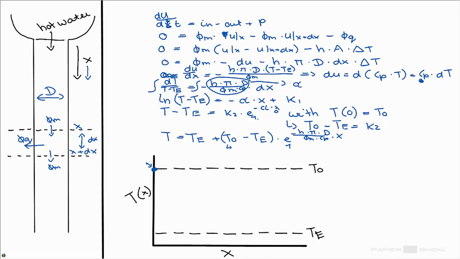And at x very large, the whole part of e will become 0, and then 0 times something is still 0, so we'll find T environment, so we have to get here at the end, or close to that, since the farther we go away, the closer the temperature will be to the environment, and the relation is a negative exponential, so I will draw this.